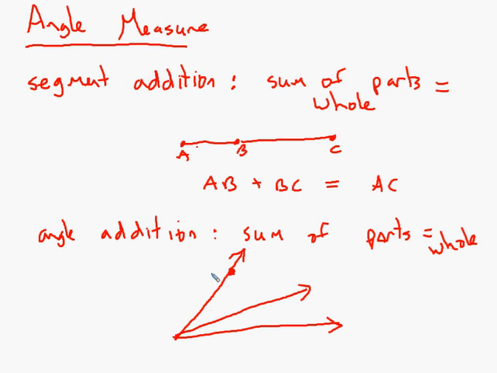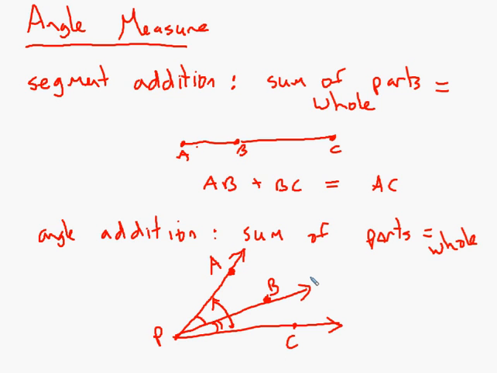So I'll have angle APB and angle BPC. So hopefully you can see, just please look up so you can see what I'm doing here. If I take this piece and I add to it this piece, hopefully, common sense, you get the whole thing, right?